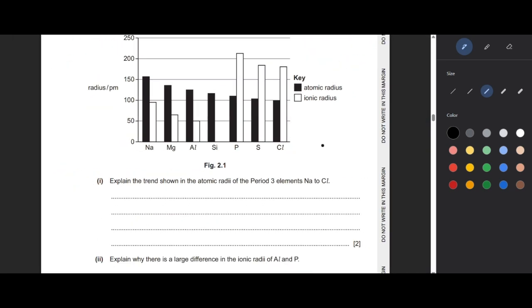Going across the period, the number of protons increases. When the protons increase, the nuclear charge gets higher. This stronger positive charge pulls the outer electrons closer to the nucleus.